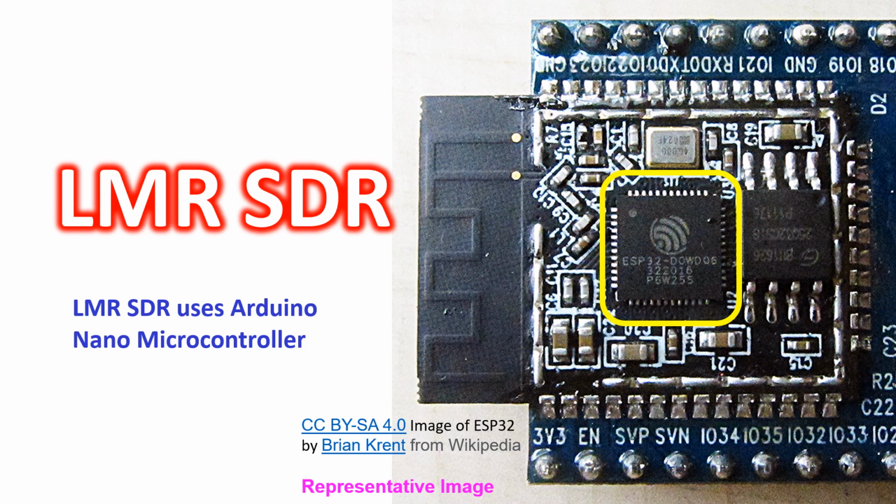To my great surprise, a search for ESP32 standalone LMR SDR brought me to RD Vibes, a website by VU3ZOF, whom I have been hearing and talking to on 40 meter for the past few days.